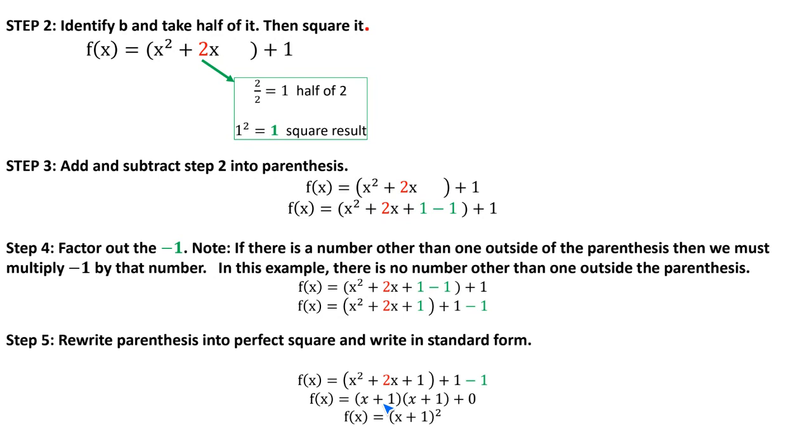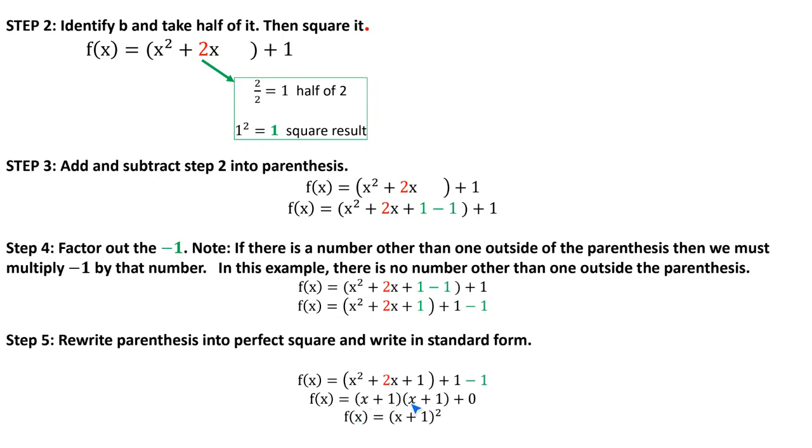This number here, plus 1 and plus 1, the number that goes here is always going to be that half that you get when you take your b and you half it. So like here we had 2, and half of 2 was 1. So this 1 is what's always going to be used here in our parentheses. Why? Because 1 times 1 is 1, 1x times 1x is 2x, and so that's going to be the factors.